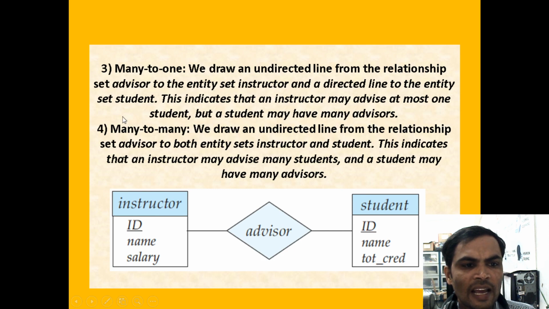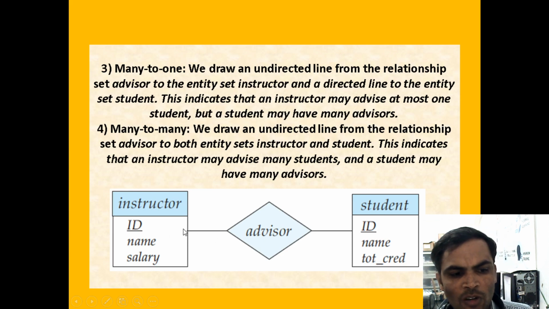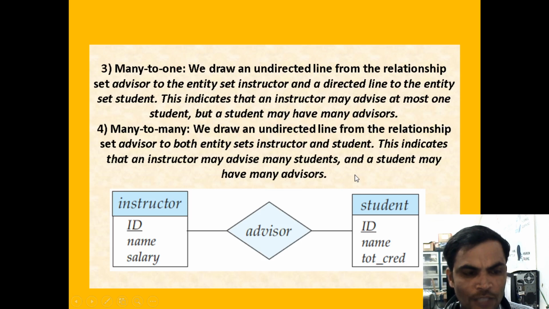Then we can consider it as a many to many relationship. For the many to many relationship, we draw the indirect line from the relationship set advisors to both the entity sets, the instructor and the student. Between the two entities, when you are giving an indirect line, meaning arrow will not be there, direct line is not there, then we should consider it as many to many relationship.